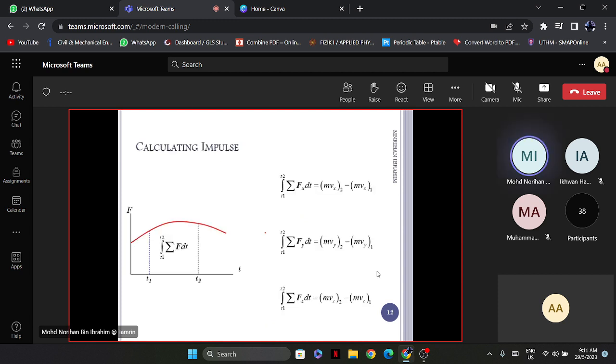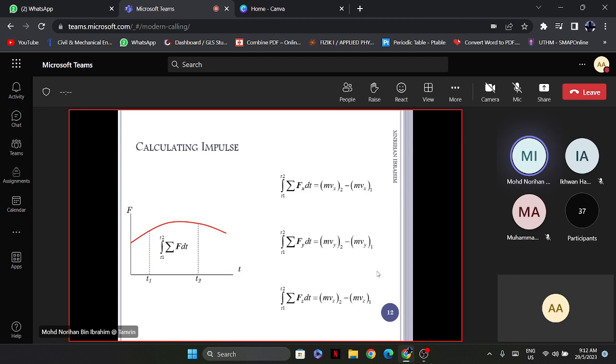So if we consider these two degrees of freedom, we can write down the equation for impulse and momentum as we can see here. The integral of Fx dt between t1 and t2 is equal to m vx2 minus m vx1.